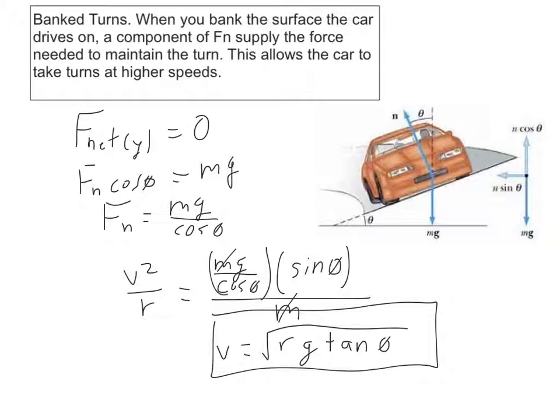So over here, I just did a little math. First I figured out what is the normal force in terms of the weight of the car as well as the angle of the incline. And then doing a substitution and a little bit of algebra, what it shakes out to now is that how fast you can go on a banked turn versus a flat turn won't depend so much on the coefficient of friction, but instead will depend upon, well, how banked is the turn?